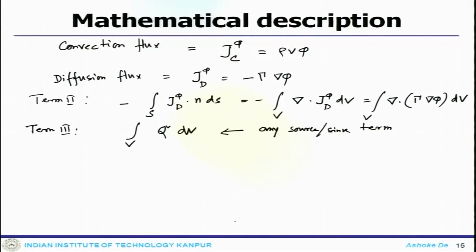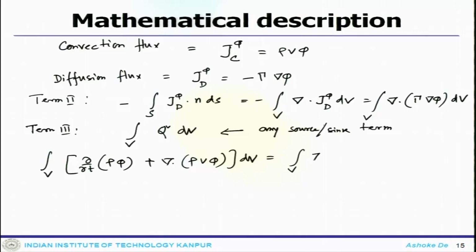So if I put this together, then my system will become del t of rho phi plus del dot rho v phi dV equals to del dot gamma del phi dV plus the source term.